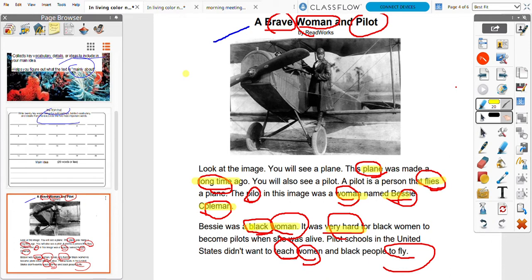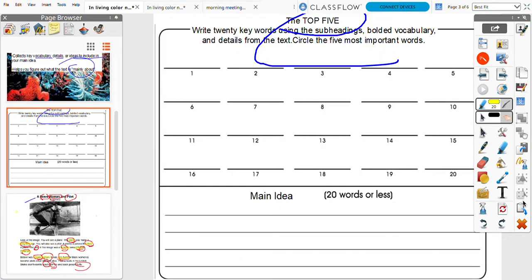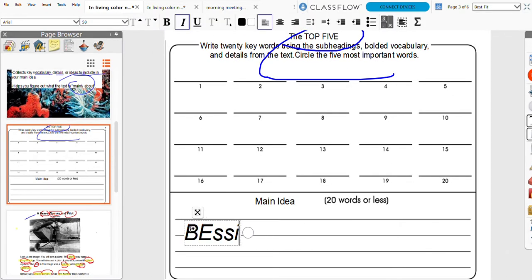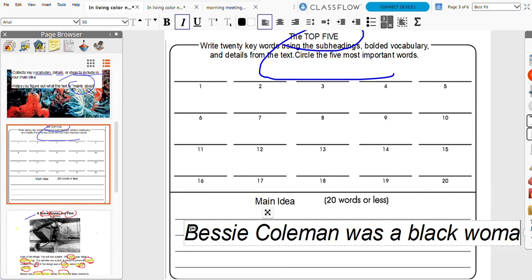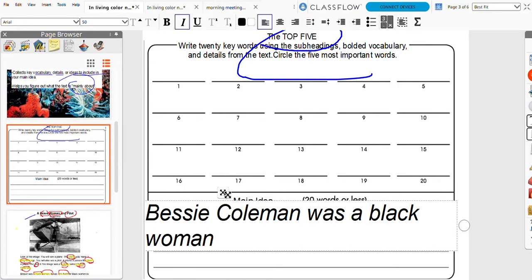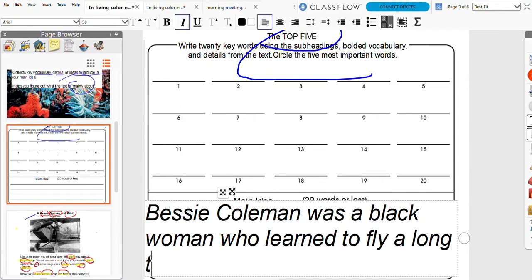So looking at that, let's think of our main idea now. If I was filling out this organizer, my main idea summary would be: Bessie Coleman was a black woman who learned to fly a long time ago.